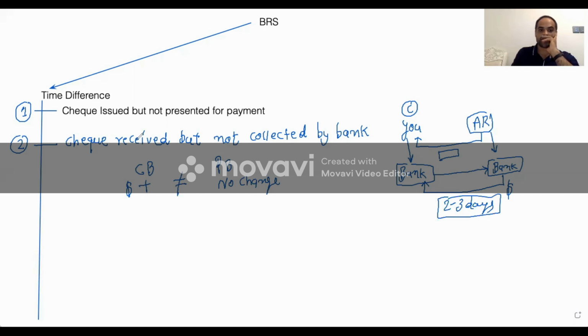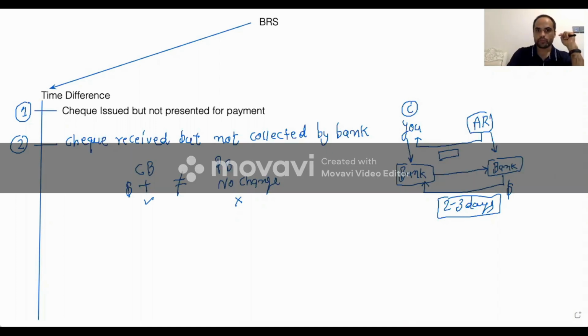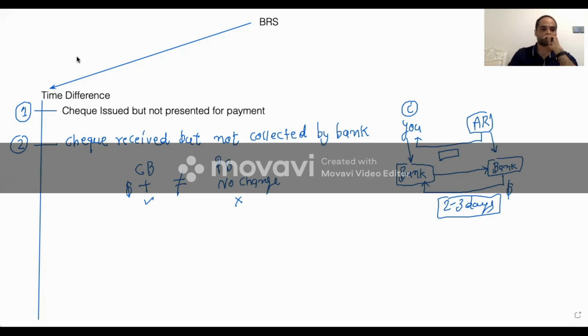So that's the meaning of check received but not collected by bank. Passbook not affected. Balance will be unequal. All right, is that okay? Is that fine? Can we move on to next? Or any question?